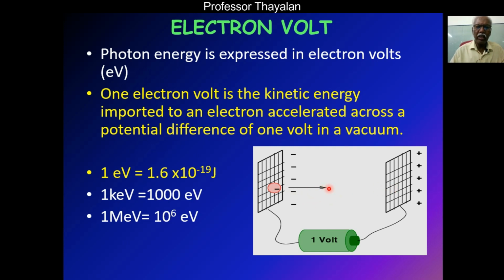That is called 1 electron volt. The electron volt is connected with the joule. 1 electron volt equals 1.6 times 10 to the power minus 19 joules. In practice, kilo electron volt and million electron volt are used as units. 1 kilo electron volt equals 1000 electron volts. 1 million electron volt equals 10 to the power 6 electron volts.